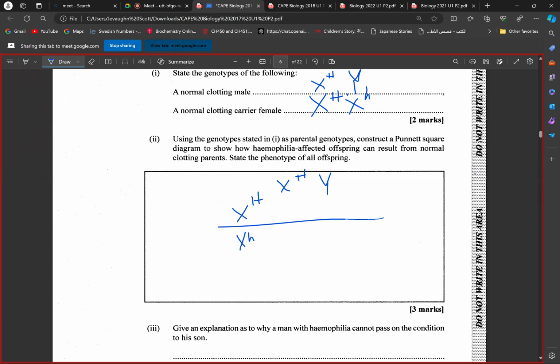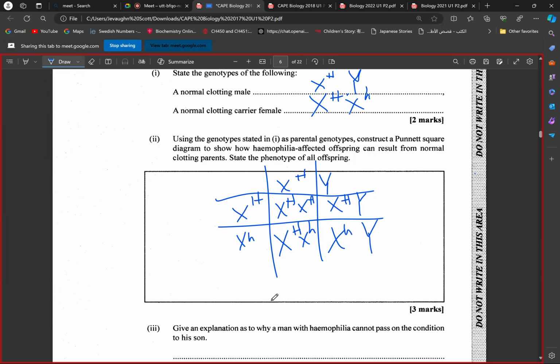We get a homozygous dominant female, a normal male, another carrier female, and a hemophilic male, a 25% chance of getting that hemophilic male.